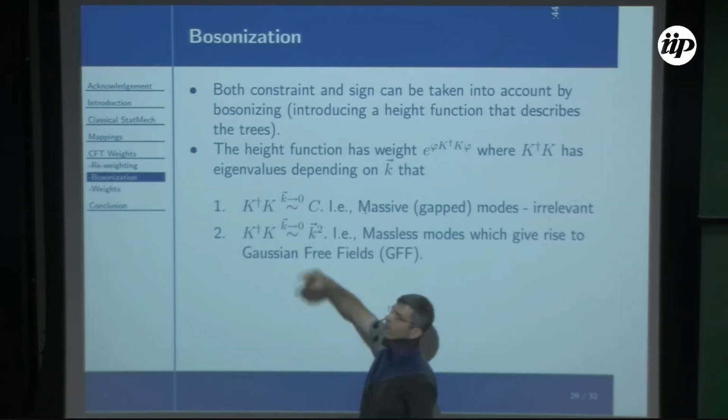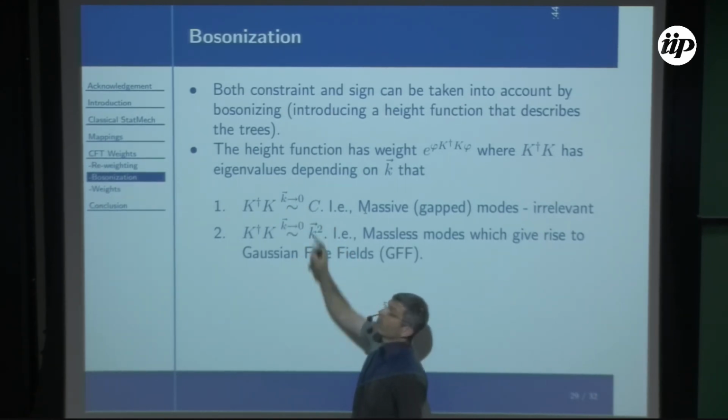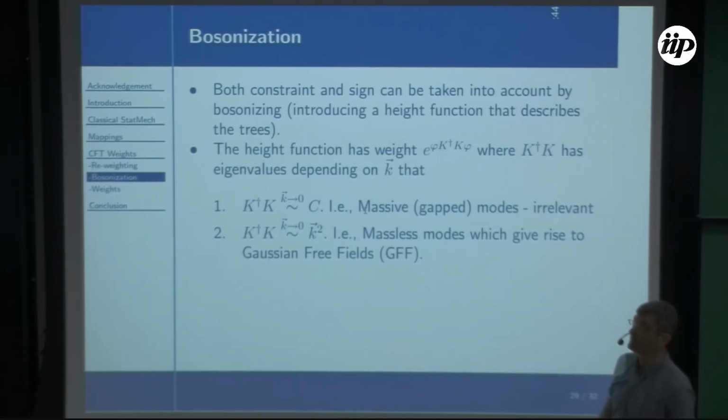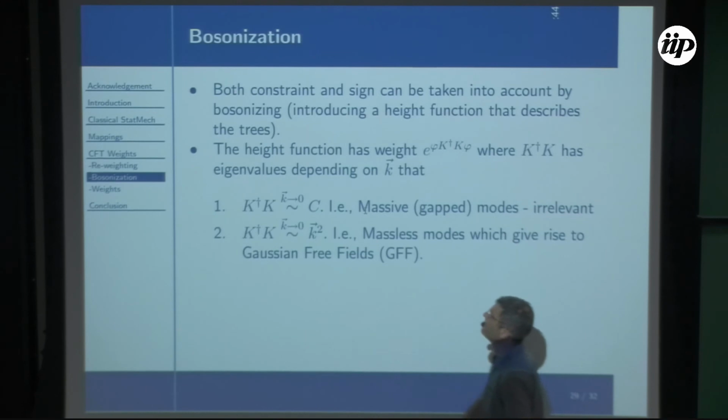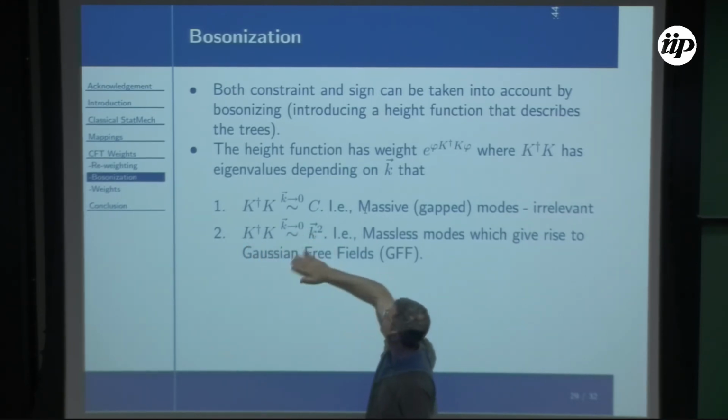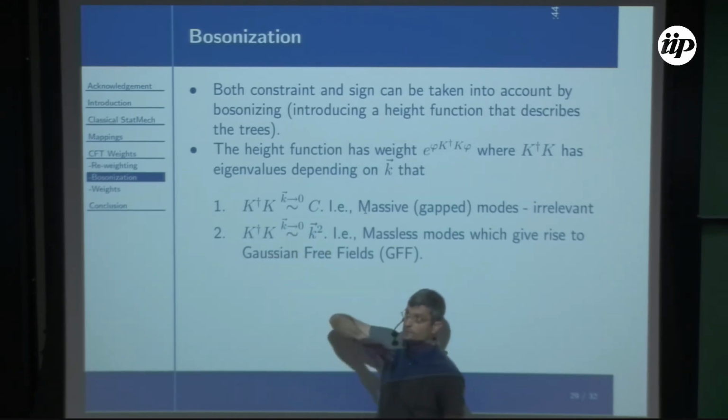These are eigenvalues that, when k goes to 0, go to a constant. They are irrelevant, of course, because in the critical system they're not important. And there are three modes that go to k squared. These are the propagating modes that we have to keep account of.